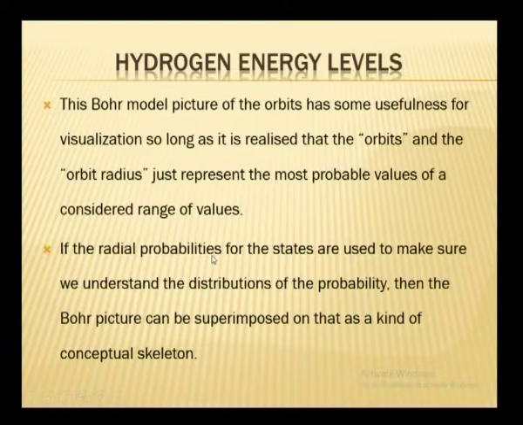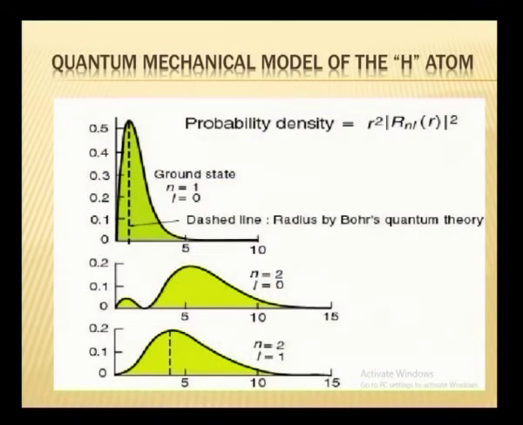Therefore, you have here what is called the probability density, right? I plot now psi star psi as a function of the distance r. What is r? That is the distance separating the proton and the electron.